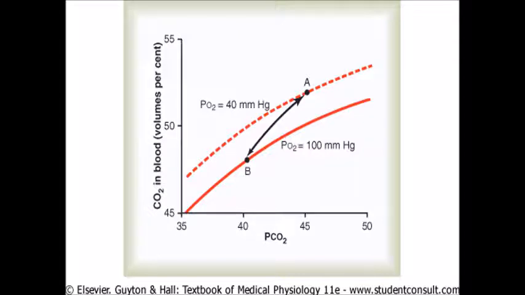If you trace volume percentage, it is around 48 volume percentage and PCO2 will become 40 millimeter of mercury. See the point B. Suppose the oxygen level is not rising, it is remaining the same 40 millimeter of mercury, then this 52 will become only 50. It will not become 48.